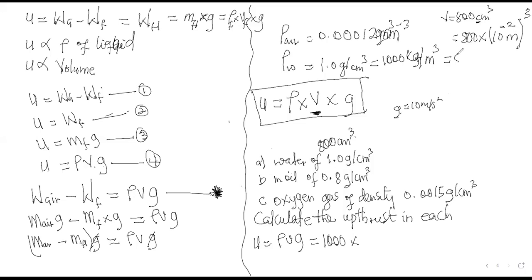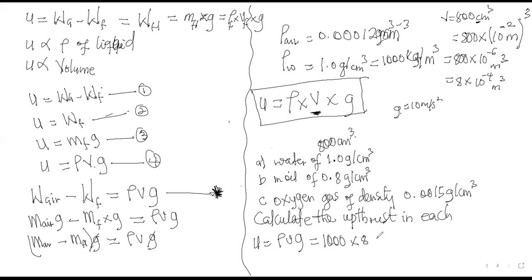So this will be 800 times 10 to the power negative 6 meter cube. So it means that 800 cm cube is equal to 8 times 10 to the power negative 4 meter cube. That's the conversion of cm cube to meter cube. I think I have to spend time to teach you this so that you can master it properly.